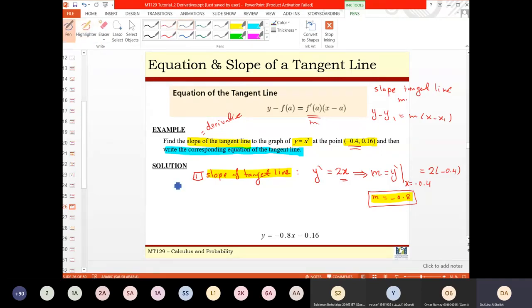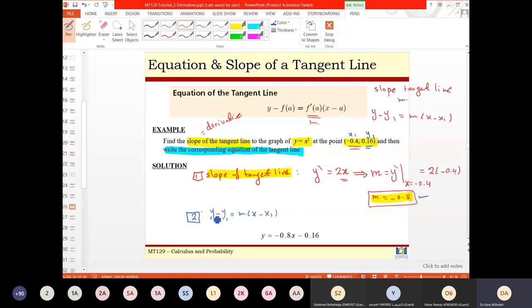Step number 2, they want me to write the corresponding equation of the tangent line. The equation of a line is y minus y1 equals the slope times (x minus x1). I have the m. What's y1? It's this point. What's x1? It's this.